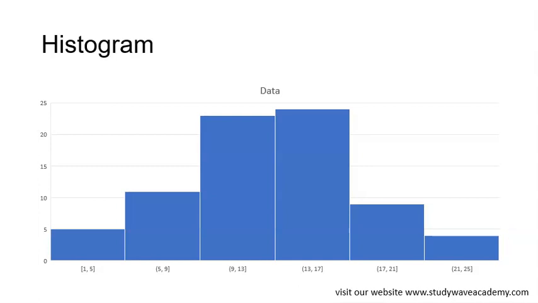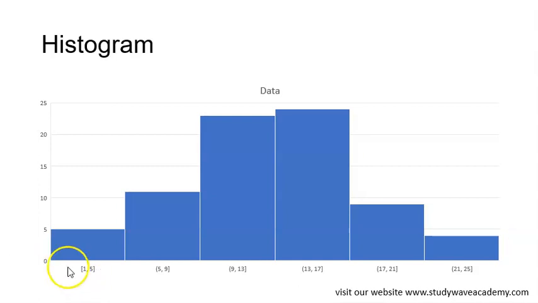Okay, so this is called the histogram. It looks like a bar graph, but this isn't a bar graph. In a bar graph, the bars have space in between, right? But in a histogram, the bars are joined together, okay? That's the difference between a bar graph and a histogram.